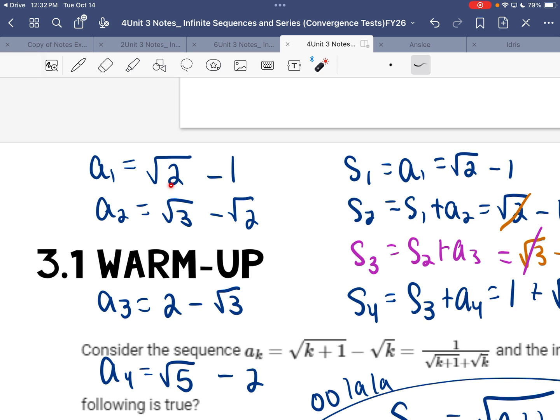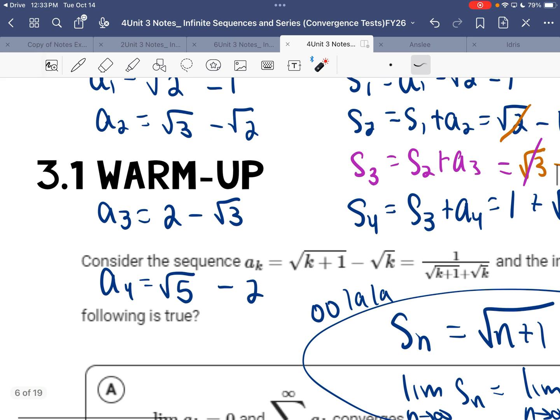This is like 1.2 minus 1, so it's like 0.2. And then square root of 3 minus square root of 2 is an even bigger pair of numbers subtracting each other, so their difference is going to be smaller. 2 minus the square root of 3 is getting smaller. So isn't a_k never equal to 0?